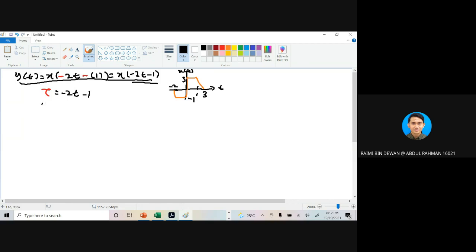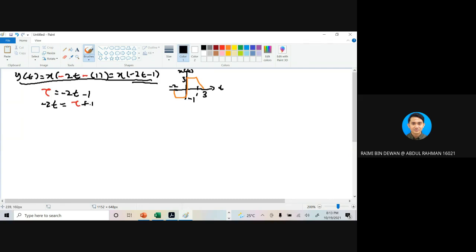What here is negative 2t, and then you have tau. Then you have tau plus 1.